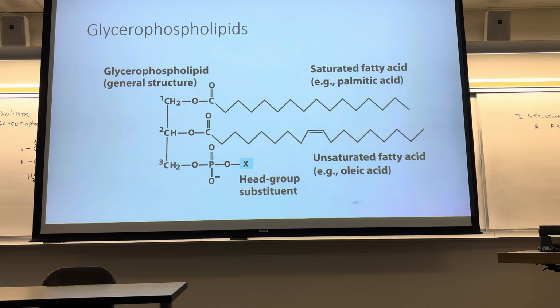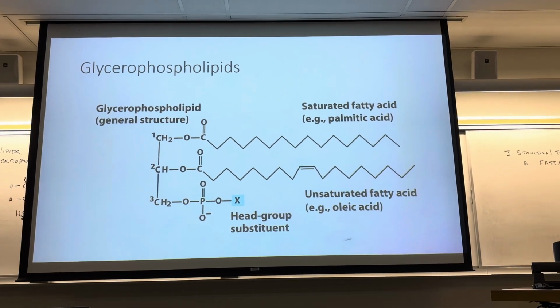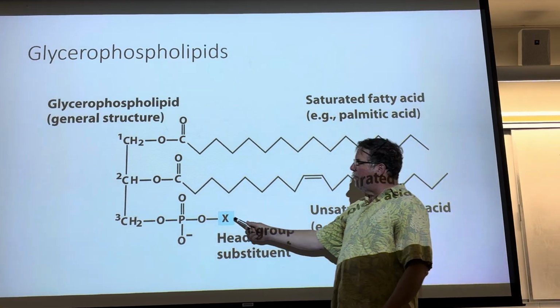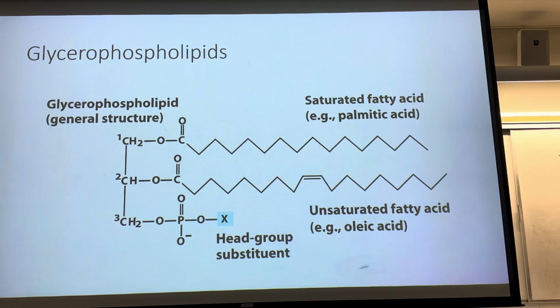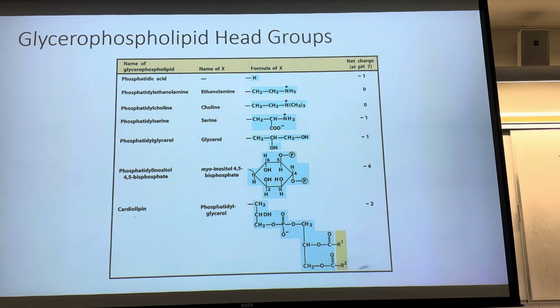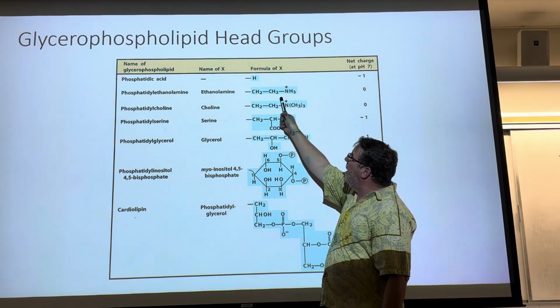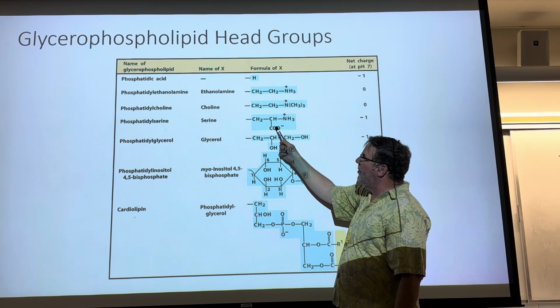All right, so again, here's the overall structure of a glycerophospholipid. Specifically for phospholipids, we can have a bunch of different things down here. Here are some different examples of head groups. I mentioned phosphatidylethanolamine. This is a phosphatidylcholine. This amino acid, phosphatidylserine.